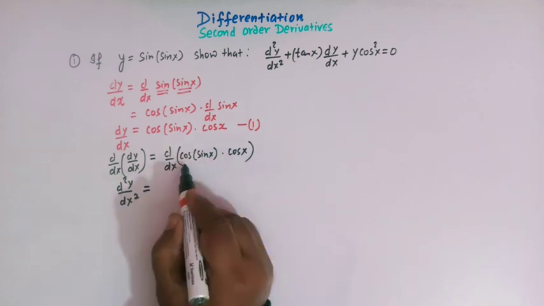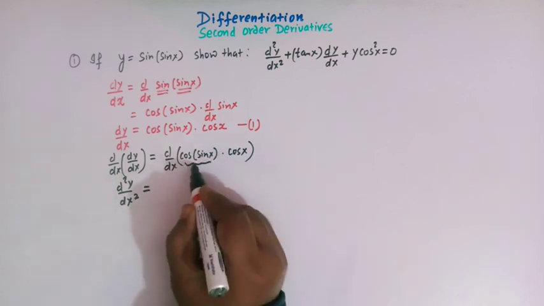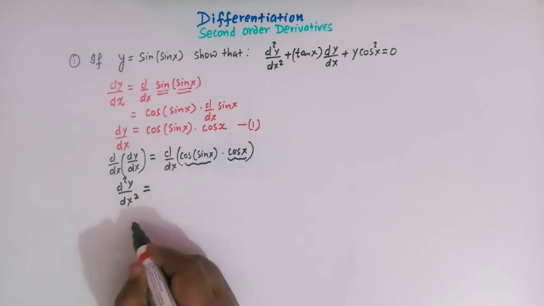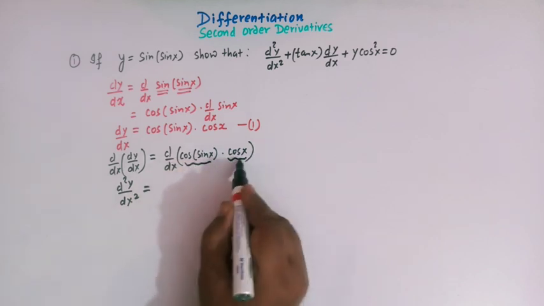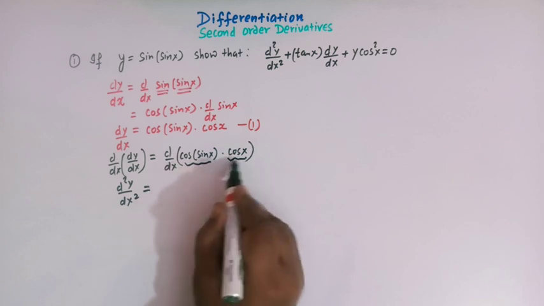Here we have two functions, the first function and the second function, so we'll use the product rule for differentiation here.